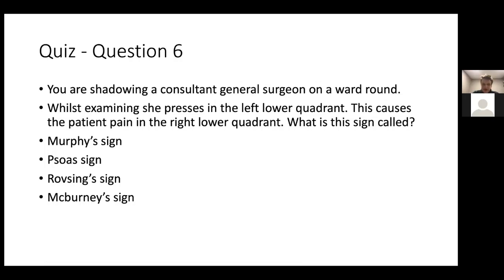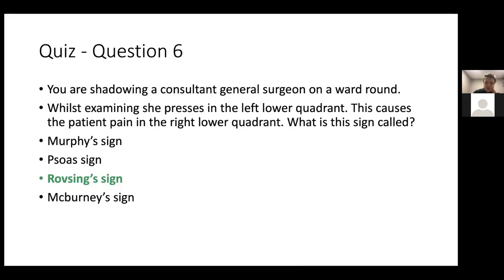Is it Murphy's sign, the psoas sign, Rovsing's sign, or McBurney's? Yeah, perfect, Rovsing's sign.